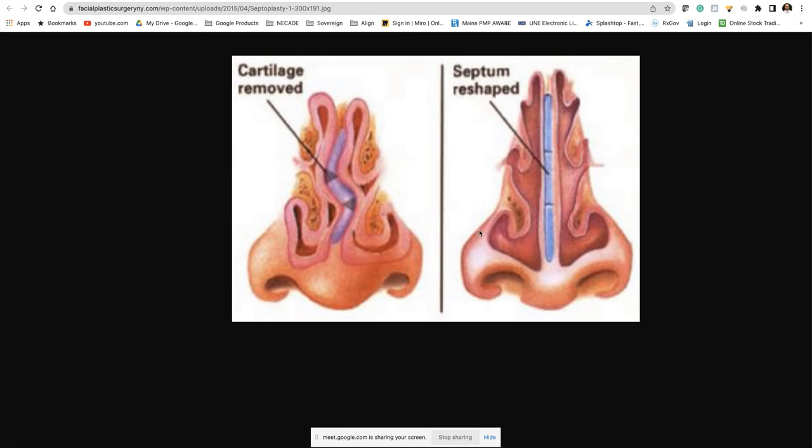Honestly, most of the discomfort I had came from the septal repair, so he straightened out my septum, very similar to what he did here. He didn't remove any cartilage, but I did have a deviated septum, and he straightened that out, and I think that's where my very mild pain and discomfort came from. But the reason I sought him out was because he is pioneering this procedure called the MIST technique.